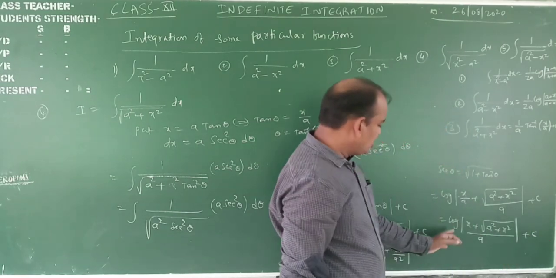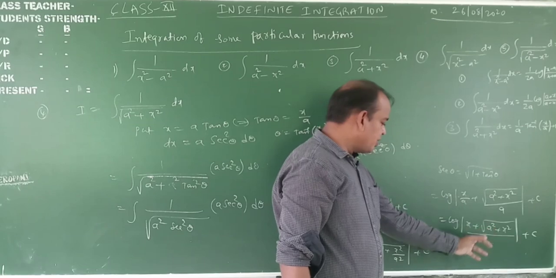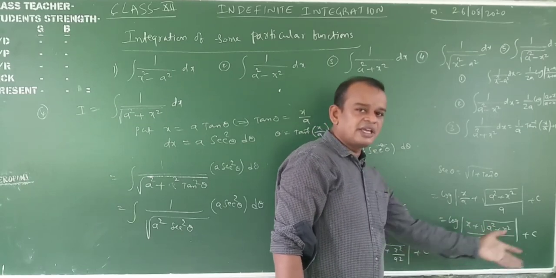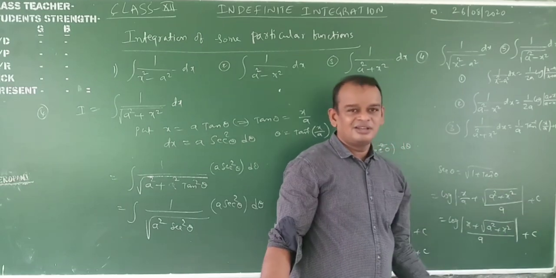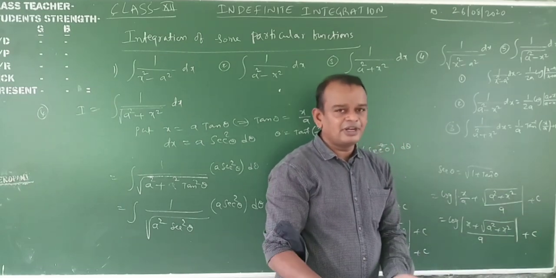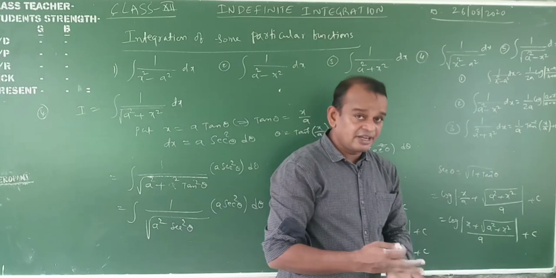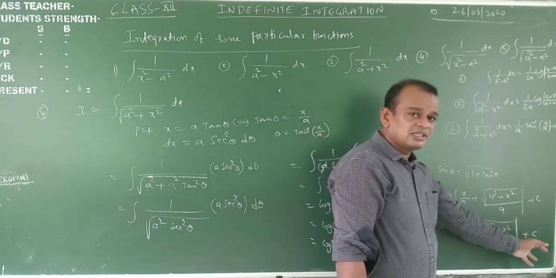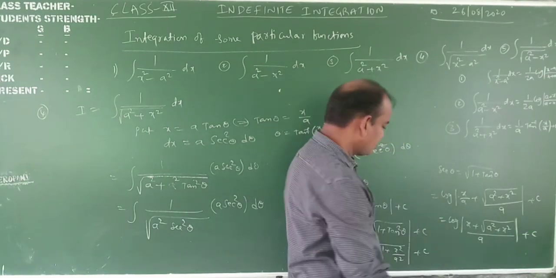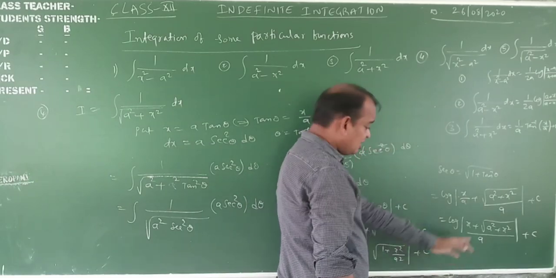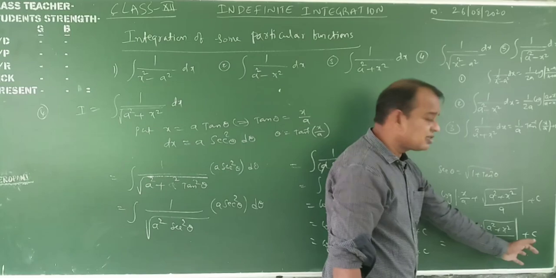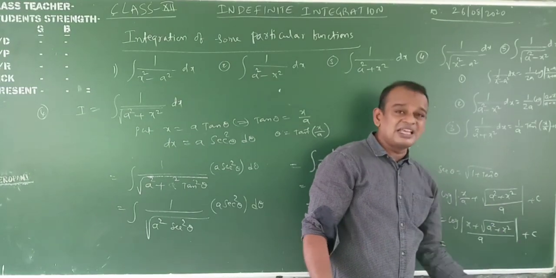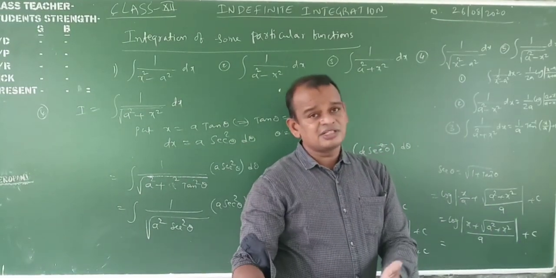Here observe that log a by b means log a minus log b. Here log a is a constant, a total constant. In the antiderivative, infinite antiderivatives are there. This minus log a plus c, that constant is again c. Understand or not? We will consider it as another constant.